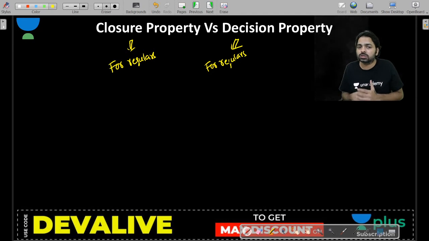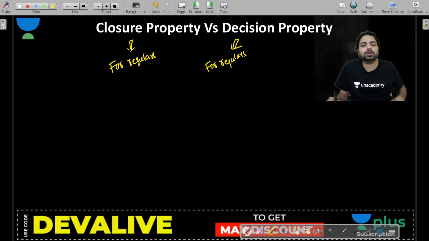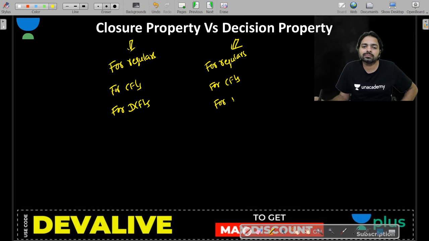Here also we have them for CFLs, for DCFLs, even for CFLs, CSLs.